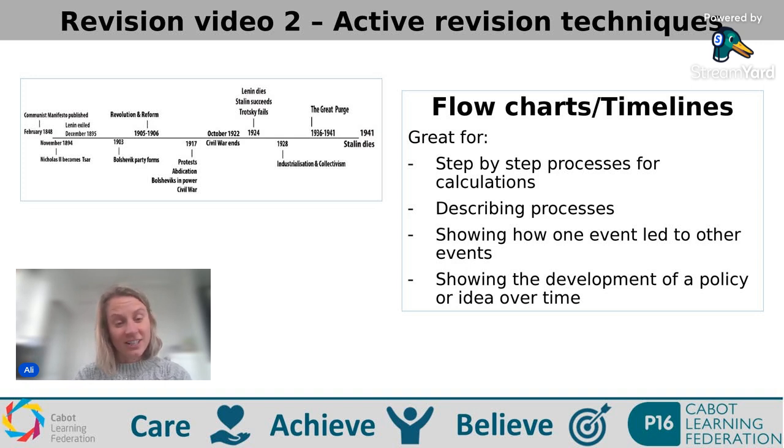Or if you're trying to describe a process like a scientific or geographical process, and you need to break it down into clear steps that come in a particular order. Timelines are great for showing how one event leads to another, and can also be really good for having a look at how policies or ideas change over time, so that you can describe that sequence of where it started and how it's evolved over time.